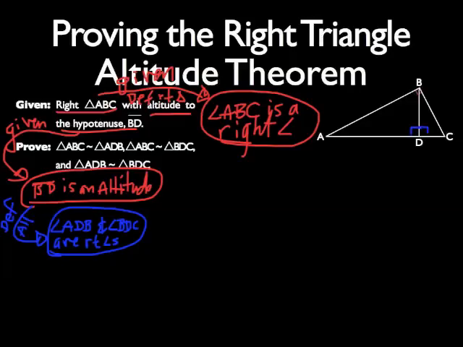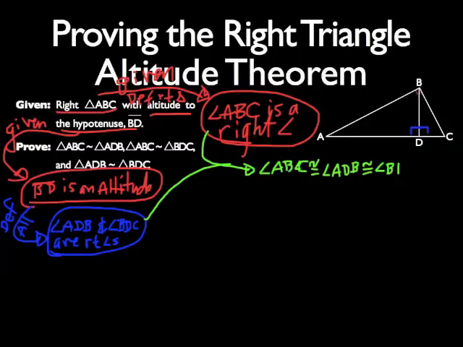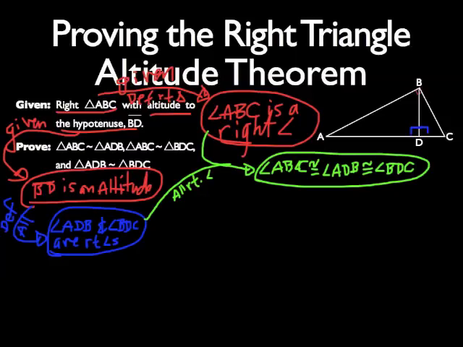I am just going to pull all of this right angle stuff together here and say that angle ABC is congruent to angle ADB, which is congruent to angle BDC. And why is that? That's because all right angles are congruent. Remember that theorem? So all three of those angles are congruent.